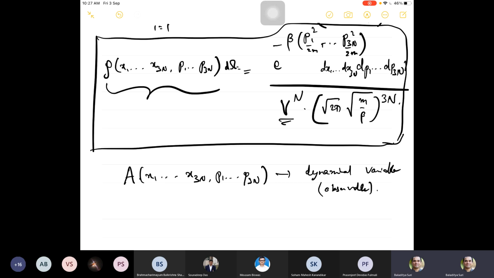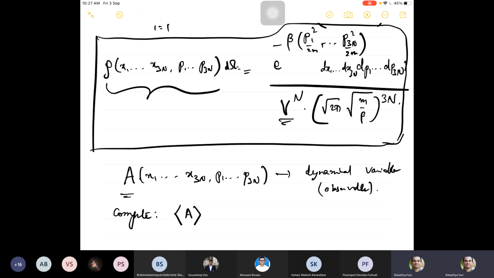They all depend on the coordinates and momenta. So for any variable A, we can now compute the average value of A, which is usually denoted using these angular brackets.